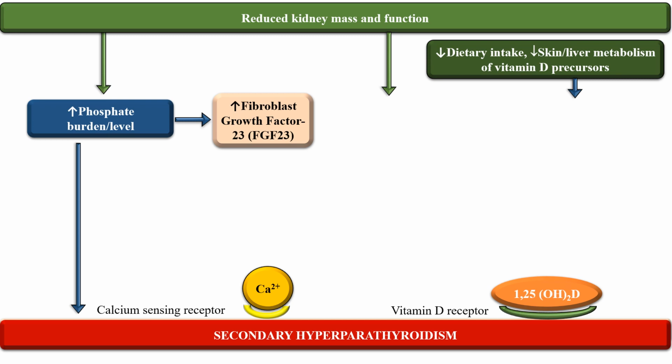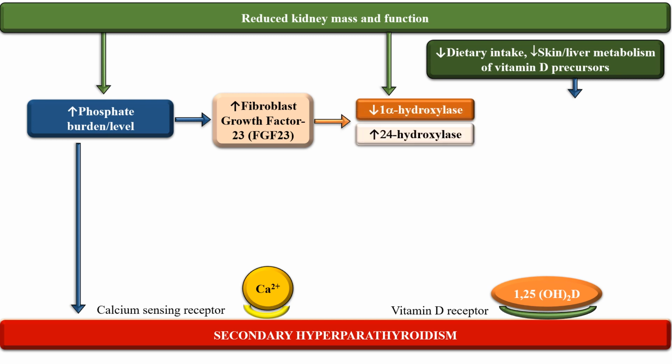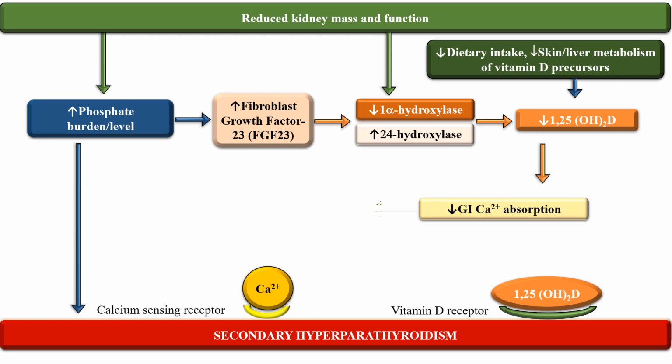FGF23 inhibits 1-alpha hydroxylase while stimulating 24-hydroxylase, both leading to reduced 1,25 vitamin D level. Reduced 1,25 level leads to reduced GI calcium absorption, which then leads to reduced blood calcium.